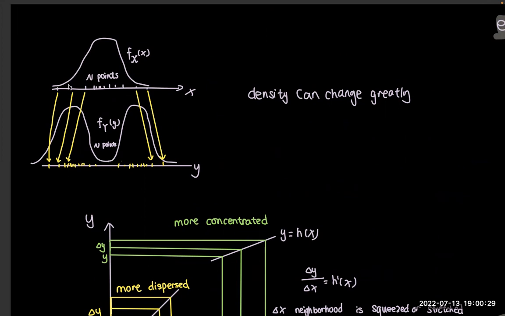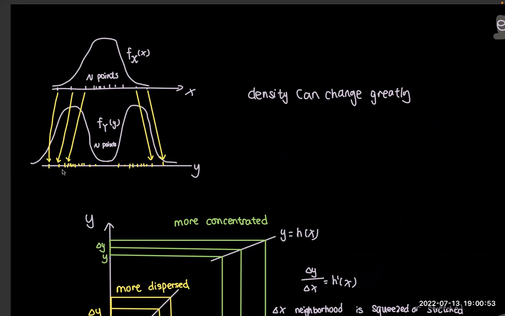So we have x, we have endpoints, and let's assume that we have a monotone transformation that preserves order. Then it is possible to transform one density to another density, even to a density of totally different shape. For example, this density has one mode, but this density may have two modes.